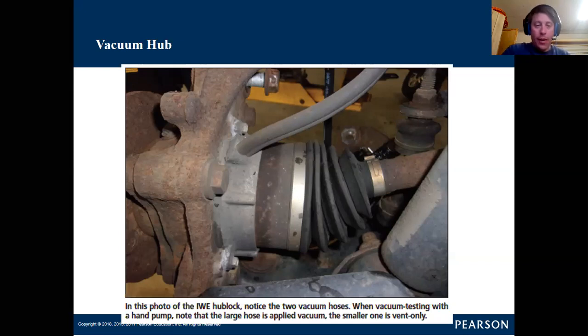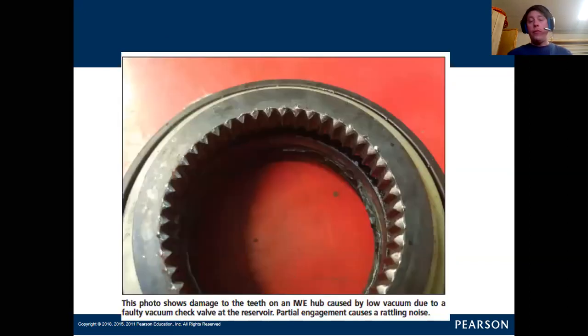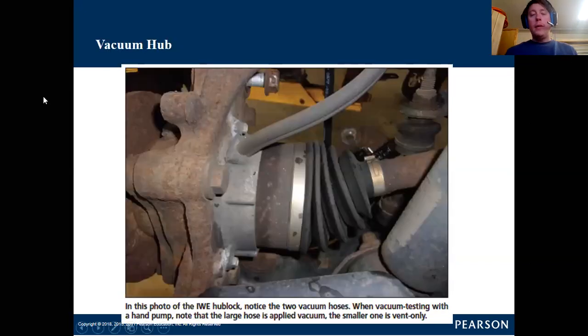So anyway, manufacturers have switched over to vacuum and to electronic locking mechanisms. There's a couple different ways we do this. Vacuum is illustrated in front of us. There's a vacuum line that runs up to the engine. I believe most of these normally have vacuum applied with the engine running.